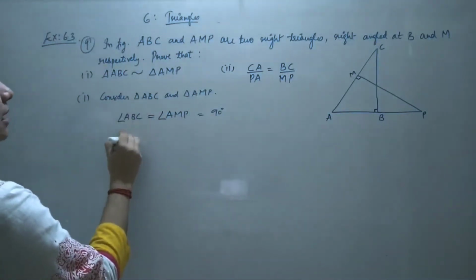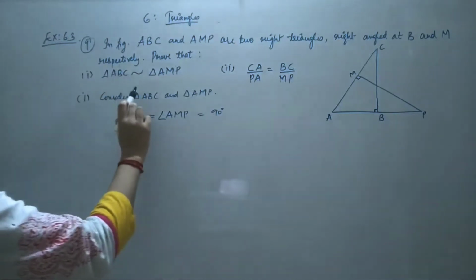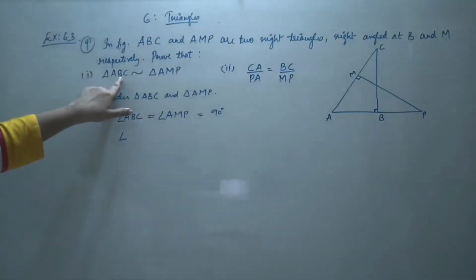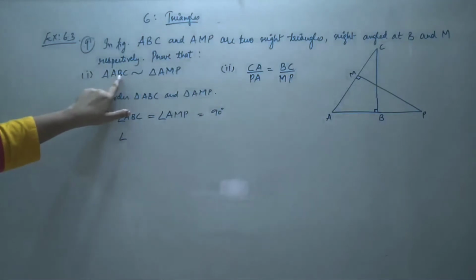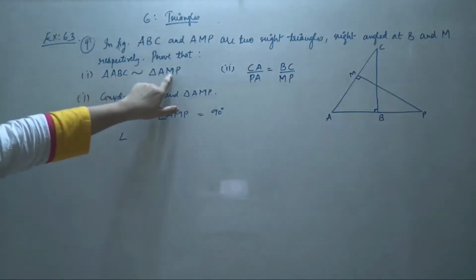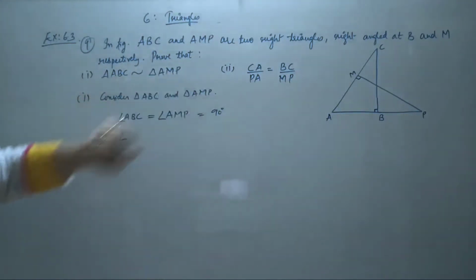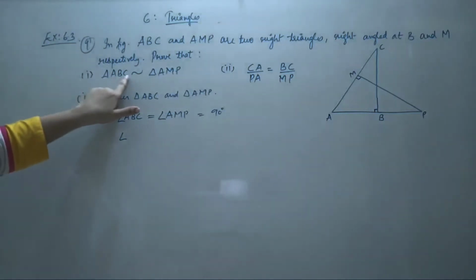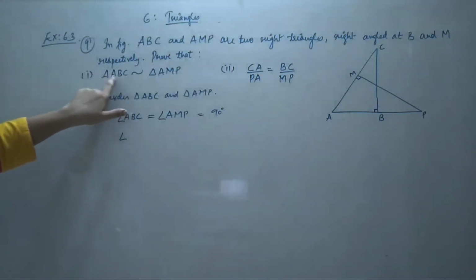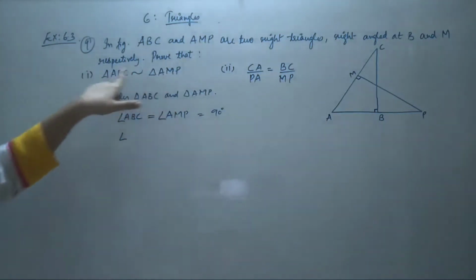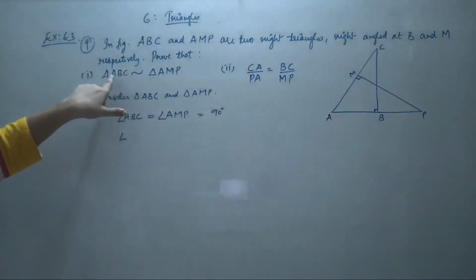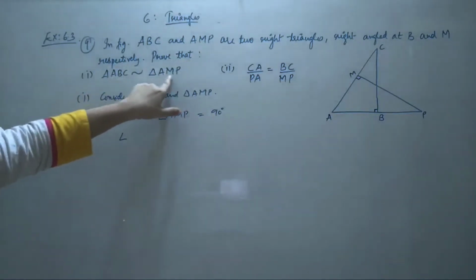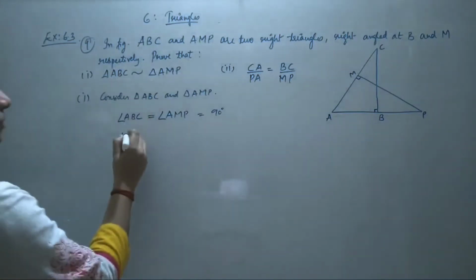The other thing is angle BAC. You have to write in order. When you start from B, you write BAC, which means you start from M, MAP, or else if you start from C, that is CAB. Anyway, you are mentioning A, but the order should be correct. If you start with CAB, you have to start with PAM. Either of them you can represent.